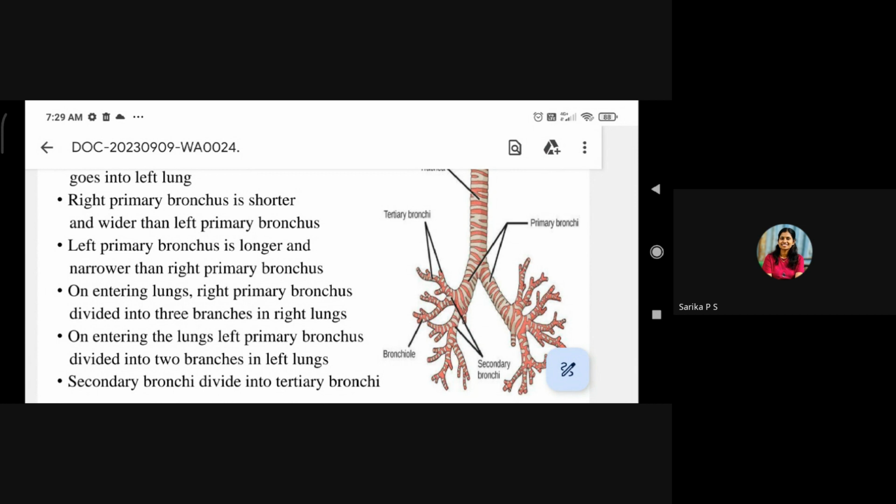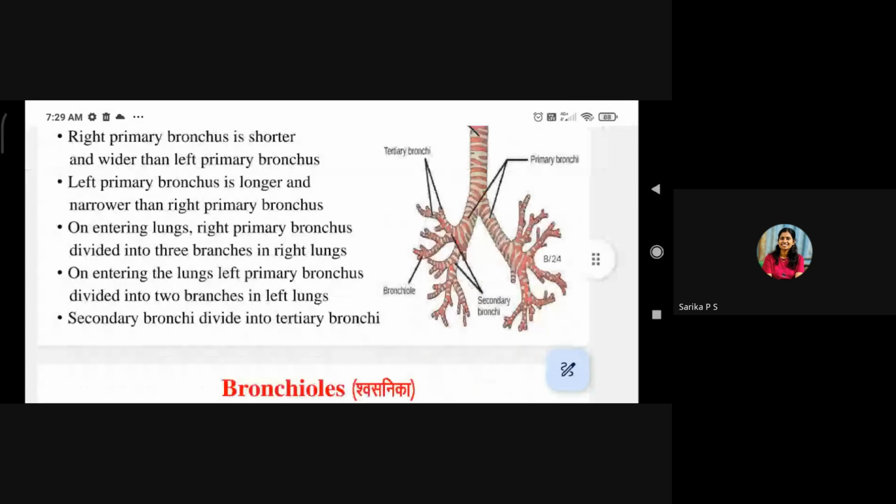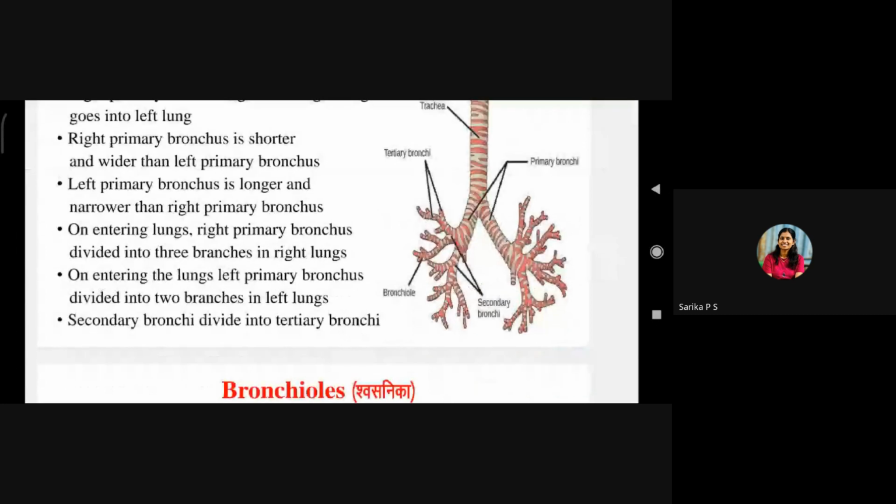And these primary bronchi are further divided into different lobes. So the right primary bronchus divides into 3 branches for 3 lobes, and the left primary bronchus divides into 2 for 2 lobes.